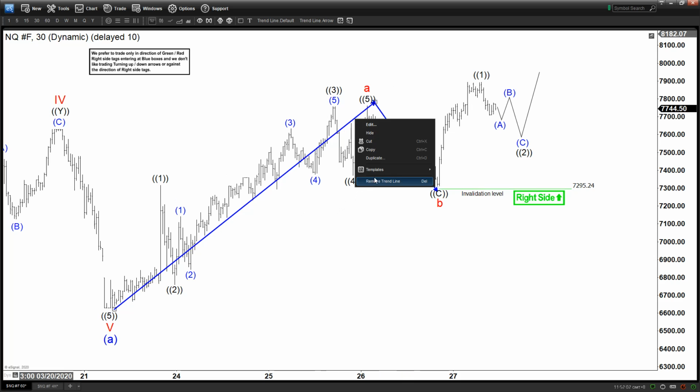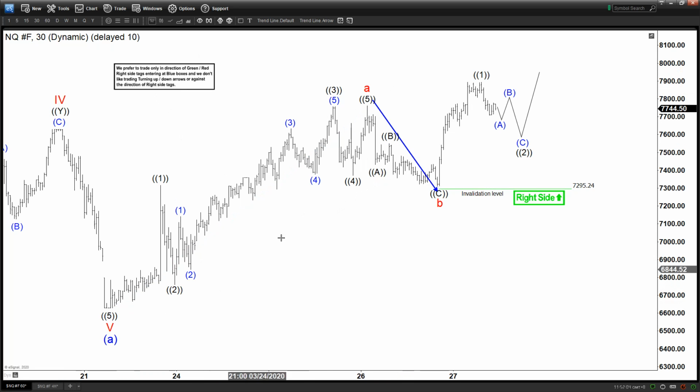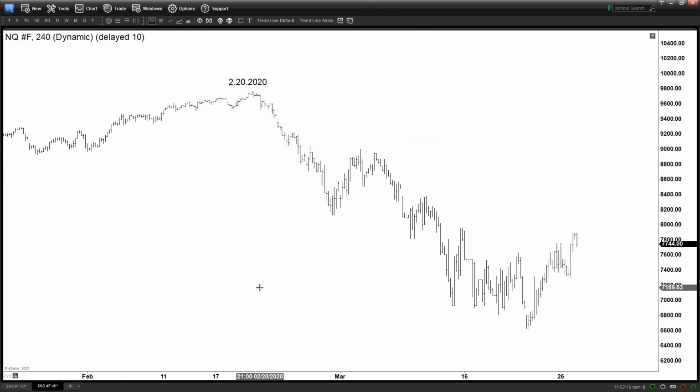Okay, so overall then the correction remains in progress in the indices after the sell-off from the peak in February. Now if I zoom out a little bit and look at the 4-hour chart, this February 20 is the high in the indices.